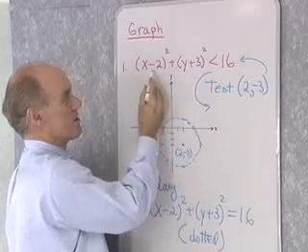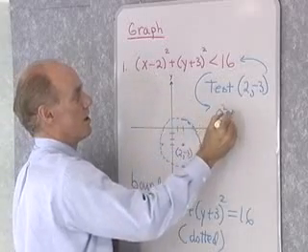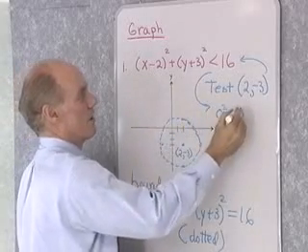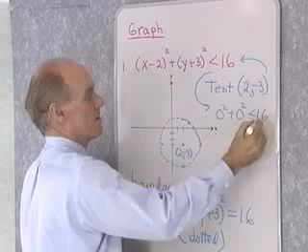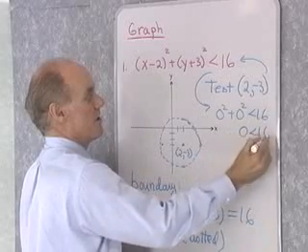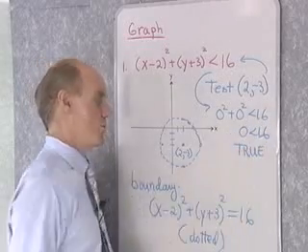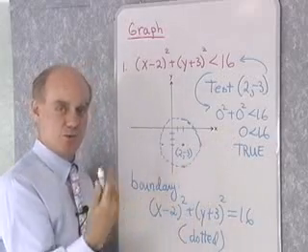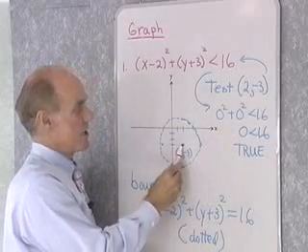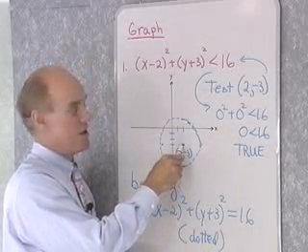When I do that, I get 0² + 0² < 16. 0 is less than 16, that's a true statement, which means that my test point lies in the region of the solution set. Here's my test point here in the center of this circle.